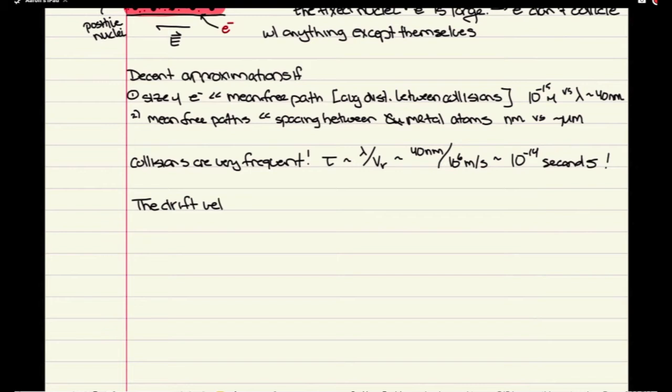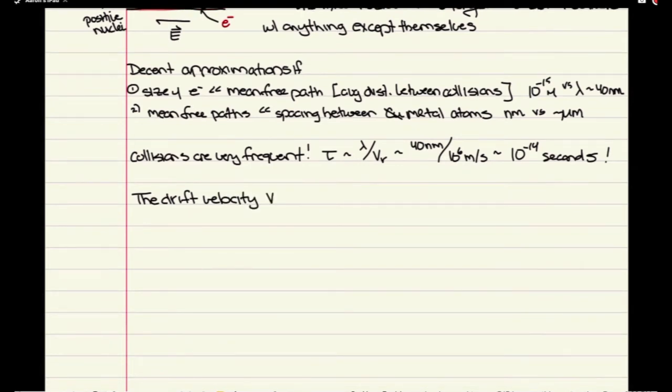So now, to order of magnitude, let's estimate the drift velocity Vd based on some of these microscopic properties and the electric field. If I think of an individual electron, it's bouncing around and randomly changing direction.